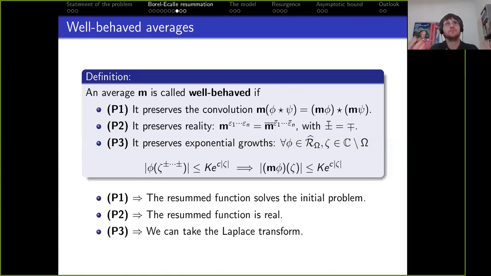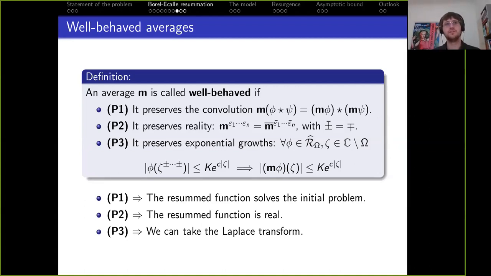Otherwise, you just build an object that does not make any sense. So in particular, what do you need? Well, first, since the Borel transform and the Laplace transform are algebra morphisms, you also need the average to be an algebra morphism. So that's the first property.